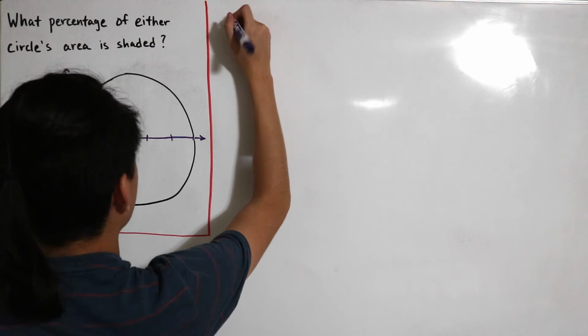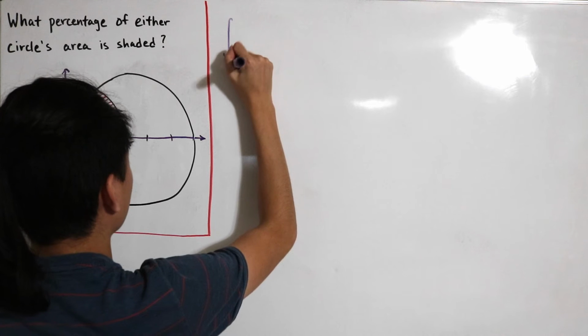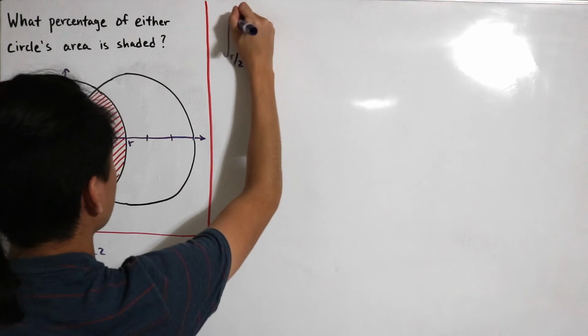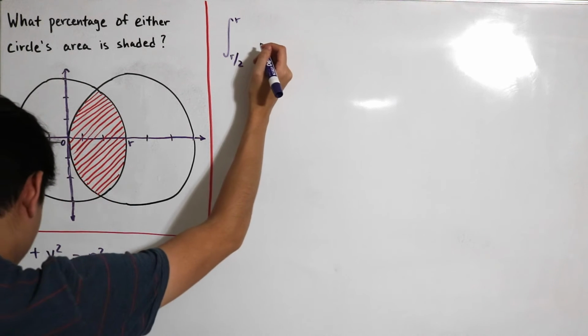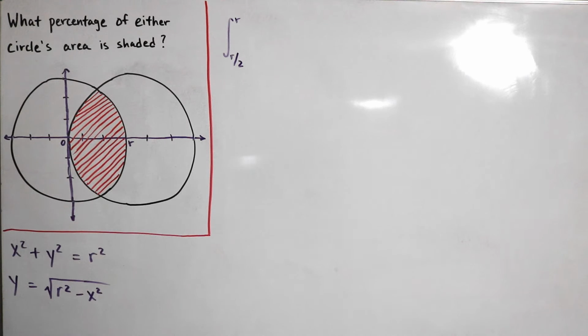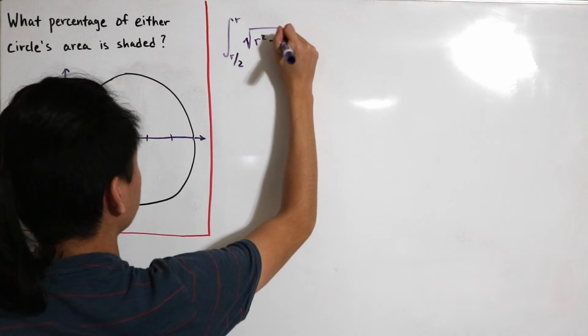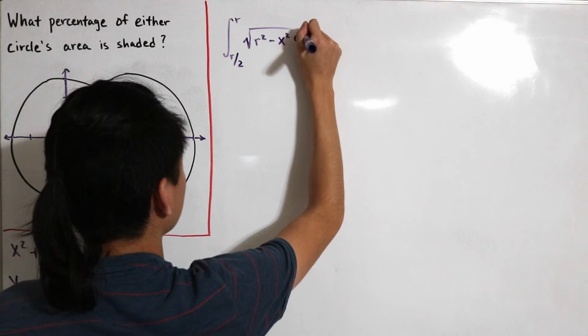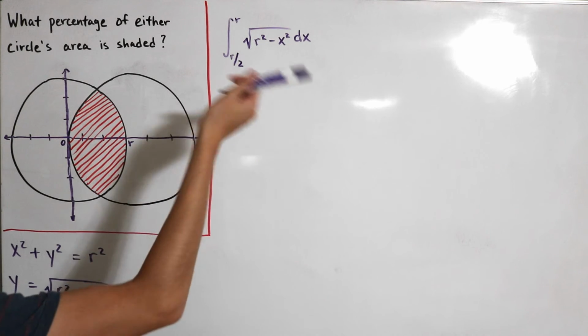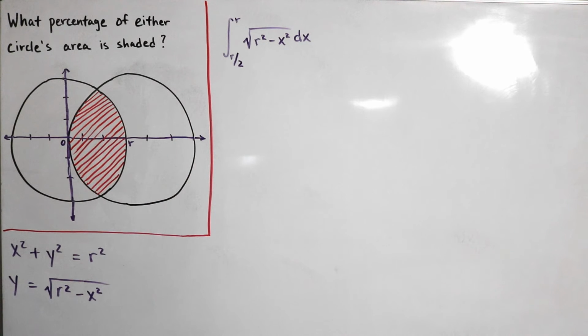So with this, I can write the integral. This is r divided by 2 to r, that's our bounds, and our function y is equal to the square root of r squared minus x squared, dx. Now, of course, you can't really do u-substitution. That's not going to make things any easier.